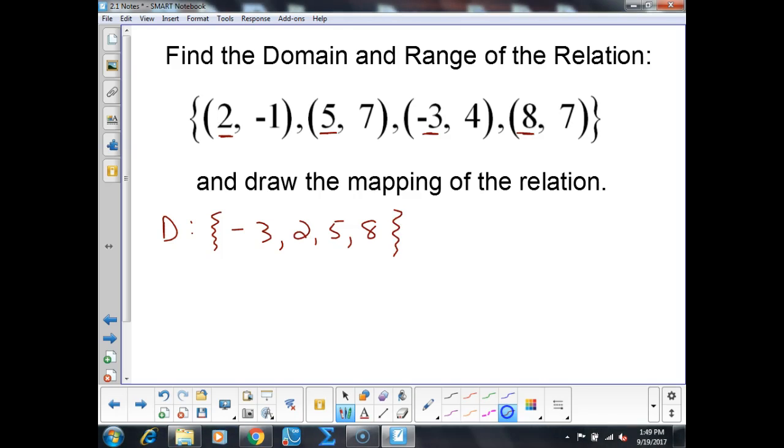I like to write them out in order. My range, there, there, there, and there. So my range here would be -1, 4, and 7.